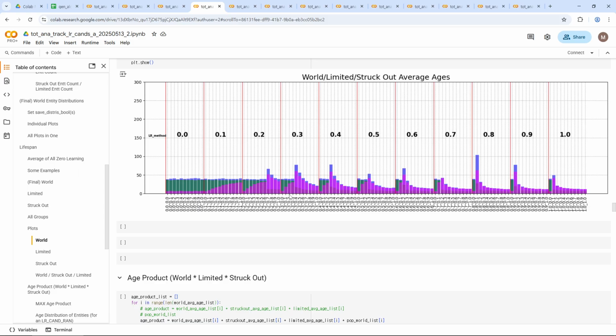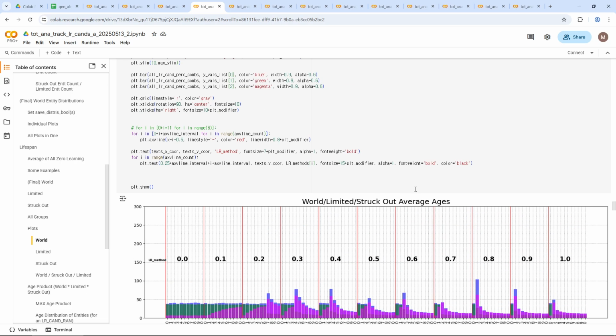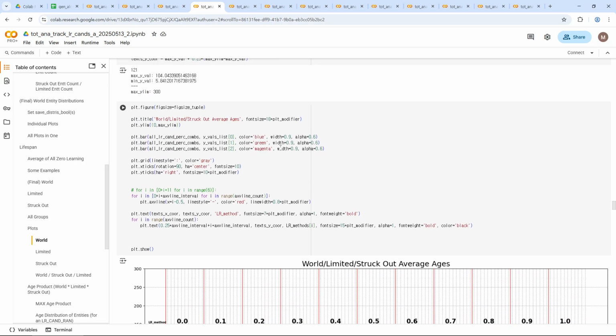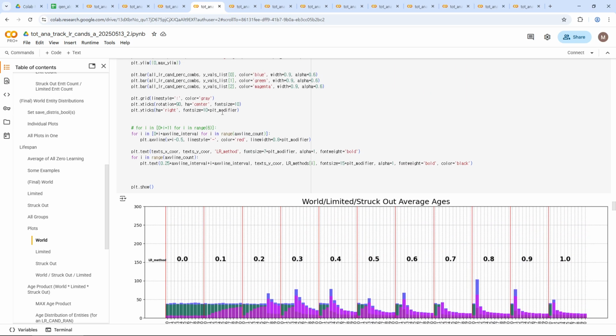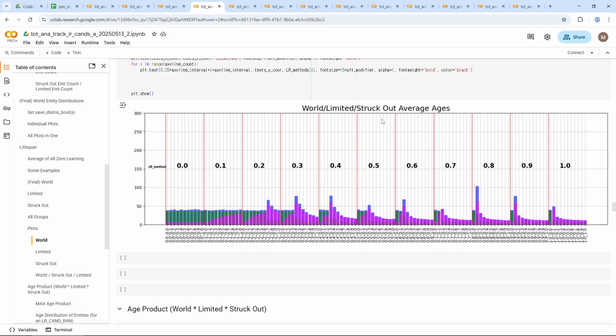It's interesting to see that they all kind of follow one another, except maybe here where the green ones, which are the limited entities, the average ages for the limited entities get shadowed by the other two.